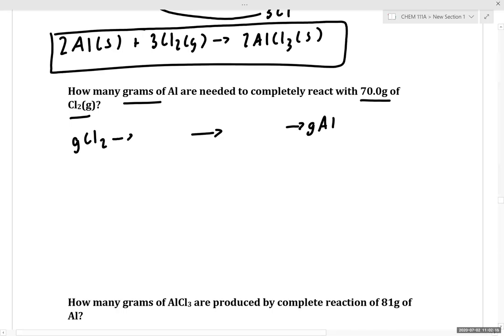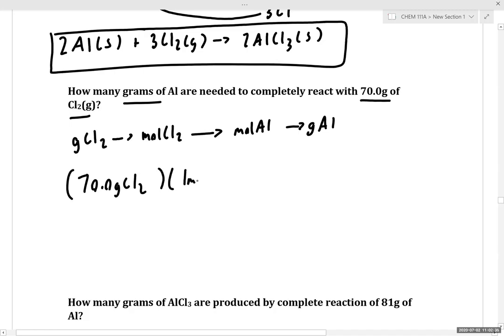Moles, yep. So we're going from grams of chlorine to moles of chlorine, and moles of chlorine to moles of aluminum. Okay, so now that we have this setup at play, we know that from 70.0 grams of chlorine, in 1 mole of chlorine, we have 35.45 times 2 grams.